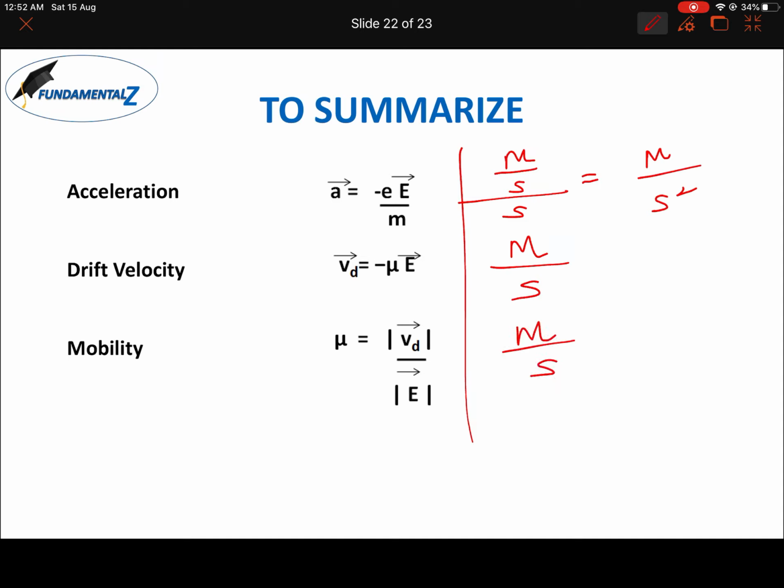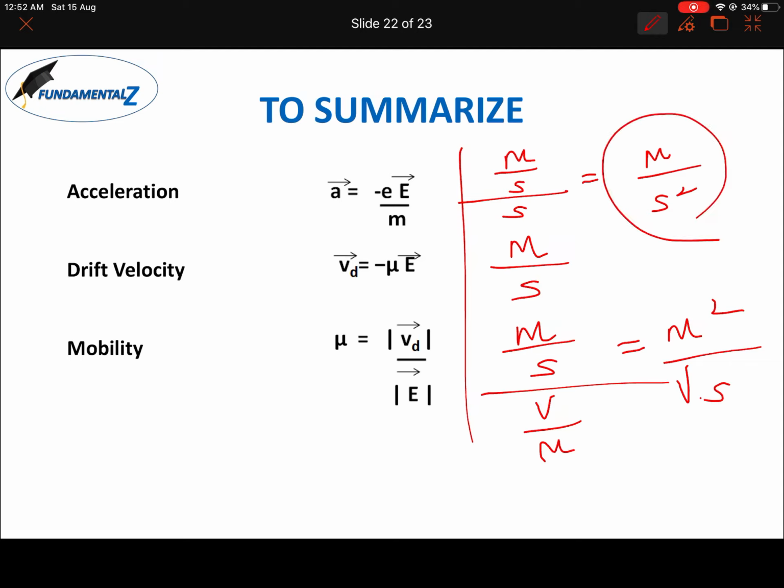Meter by second. And what is electric field? Electric field is nothing but volt divided by meter. So this is nothing but meter squared divided by volt into second. So this is my SI unit for acceleration, meter per second square. For drift velocity, meter per second, and for mobility, meter squared by volt into second.